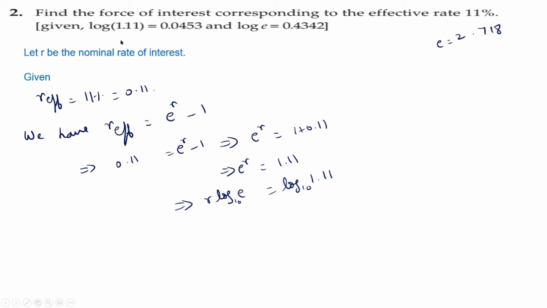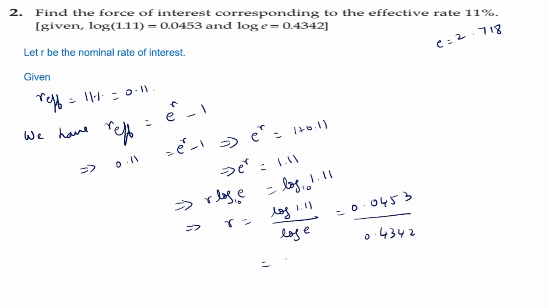So the common logarithm values for 1.11 and e are given. When we substitute these values, we will find R. So R is equal to log 1.11 upon log e. Log 1.11 is 0.0453 upon log e, which is 0.4342.